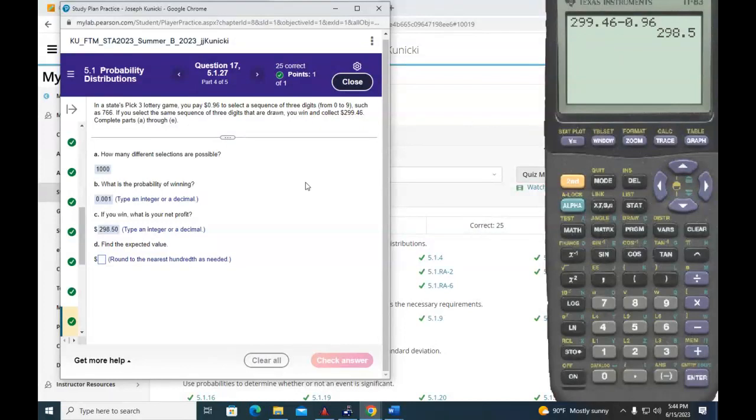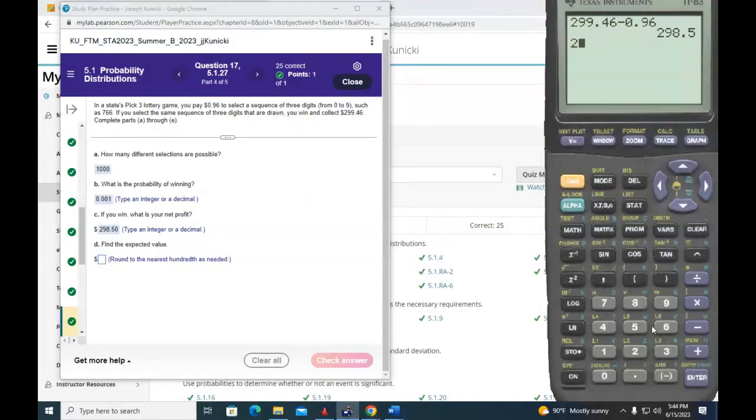Only one winning ticket. That means that 999 other tickets are losers. So if I multiply this times this and add it to the product of this times this, that's my expected value, because remember, the expected value of x is the sum of x times p of x. So it's just these 2 products added together.